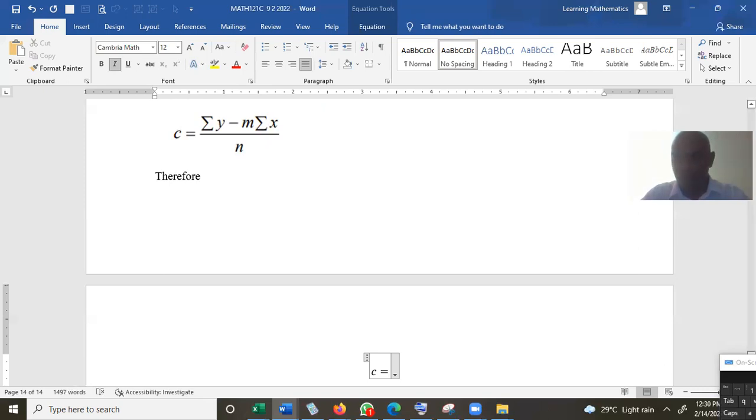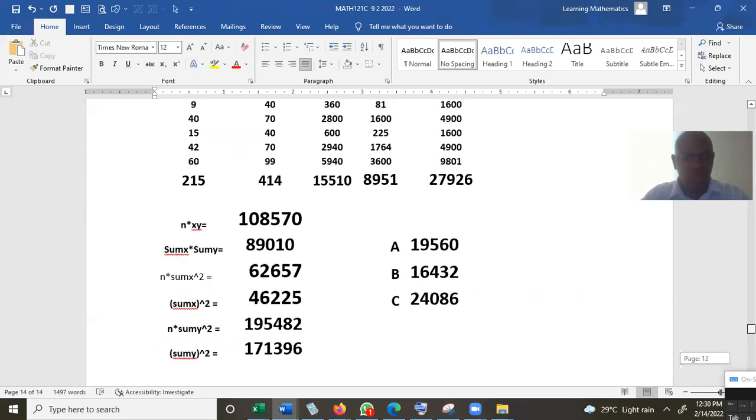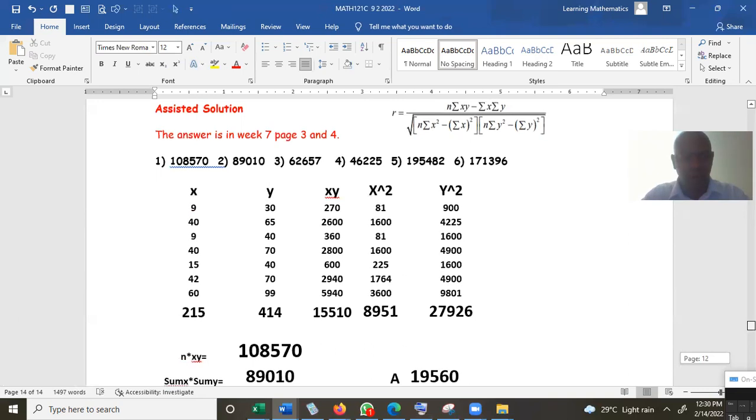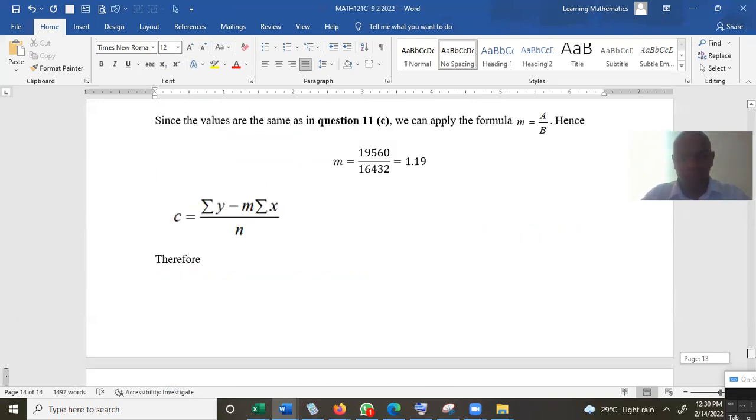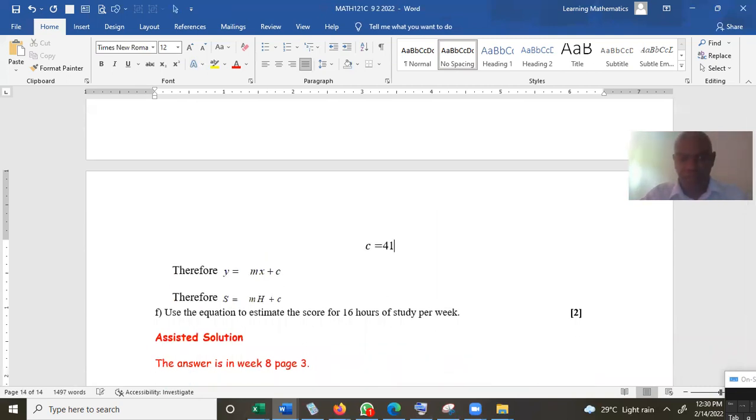We go back to our results in part C. The sum of y, we got to be 414.